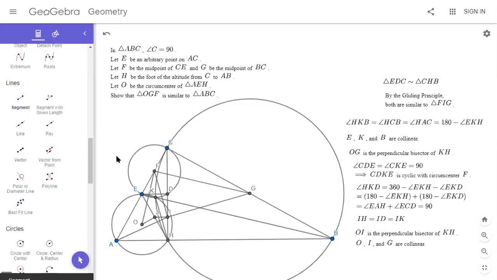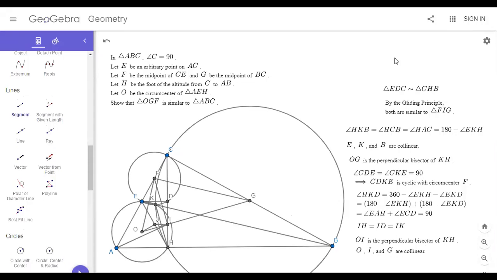And then, I feel like, can we finish it off? Yeah, I think we should be able to finish it with an angle chase.